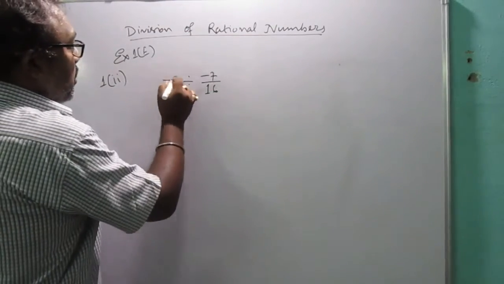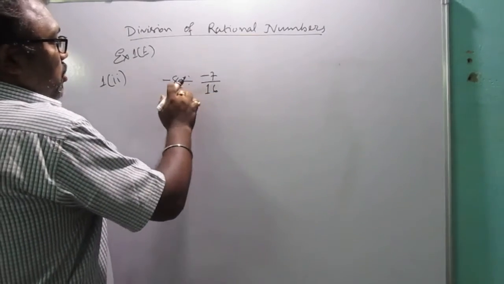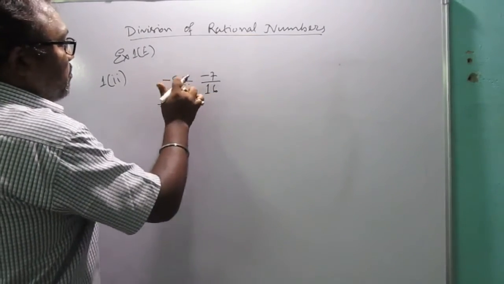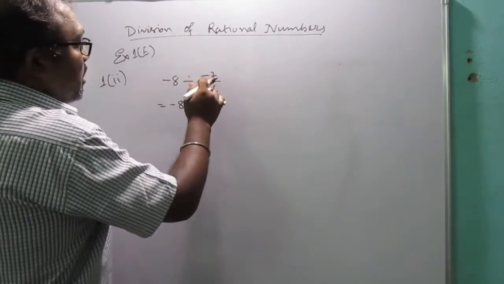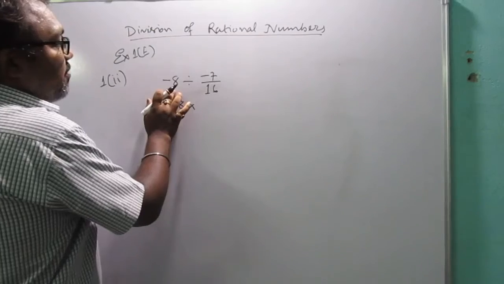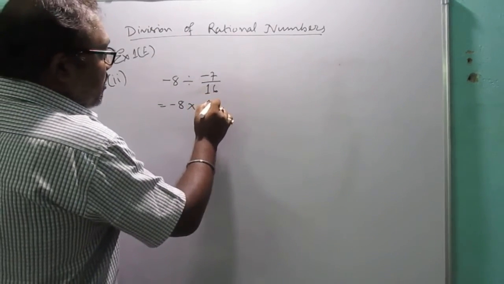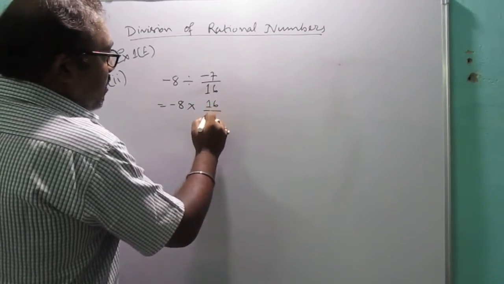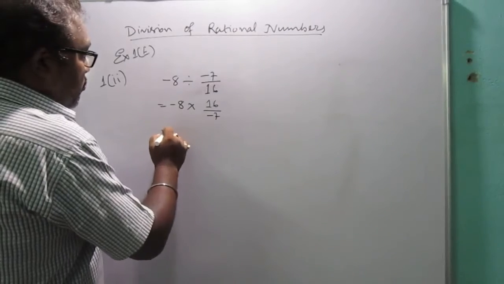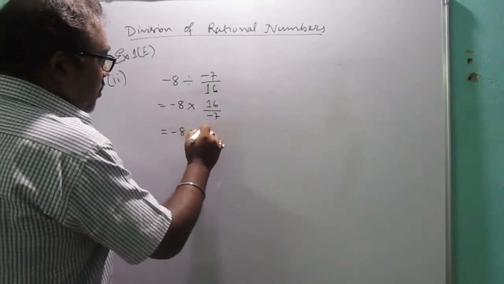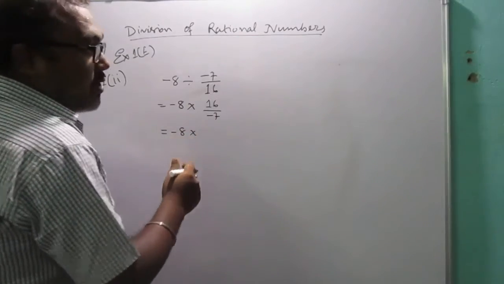Okay, so here -8 divided by -7 by 16. So we have to convert this division into multiplication. How? By reciprocating the divisor. This is the dividend and this is the divisor. We have to reciprocate the divisor. So 16 by -7. So it is equal to -8 into, so here the denominator is minus. Now we have to convert the denominator to plus.